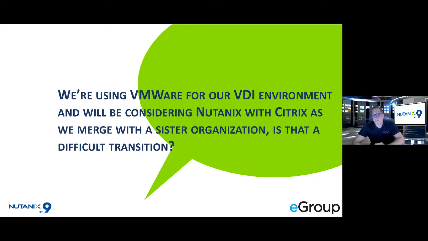For persistent desktops, we could use Move to bring them over as well. I'm not saying it's done with a click of a button, because you do have to migrate them over and spin them up, but it is simpler than ever, and customers are able to go from A to Z fairly quickly.